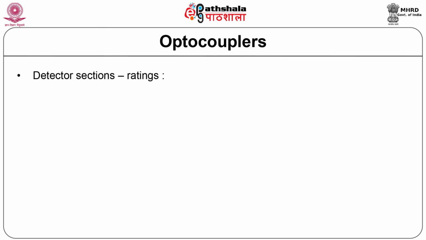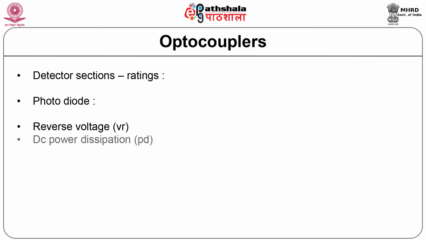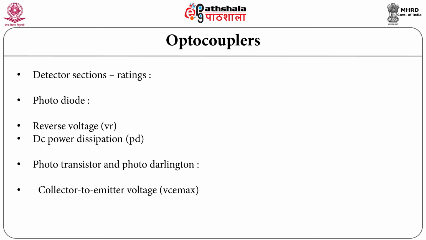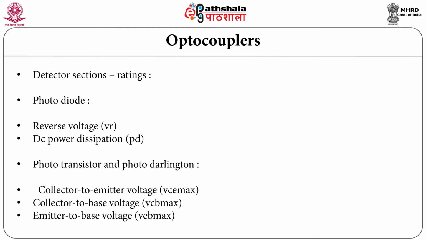Detector sections. If the detector is a photodiode, then the ratings related to reverse voltage and DC power dissipation are given in the data sheet. If the detector section is a phototransistor or photo-Darlington, then the ratings related to collector to emitter voltage, collector to base voltage, emitter to base voltage, and DC power dissipation are important.